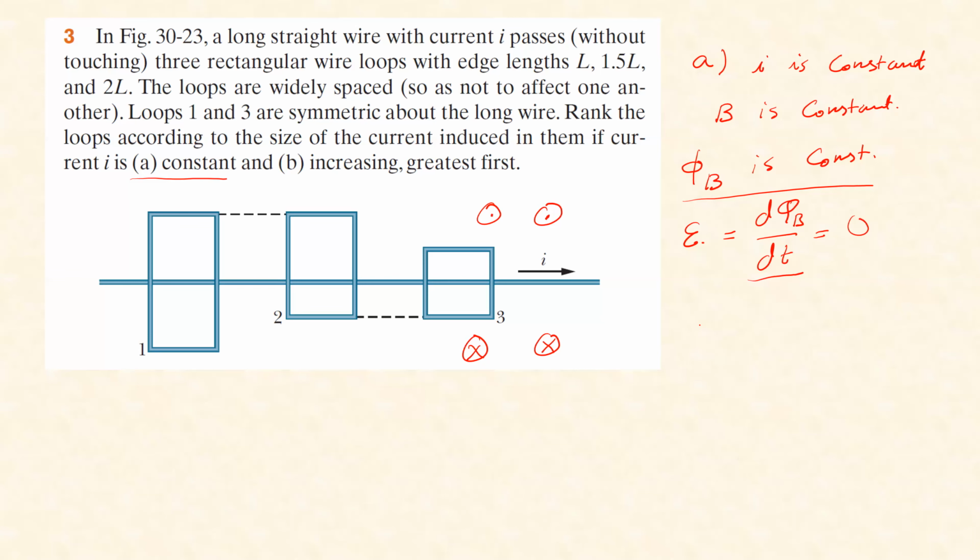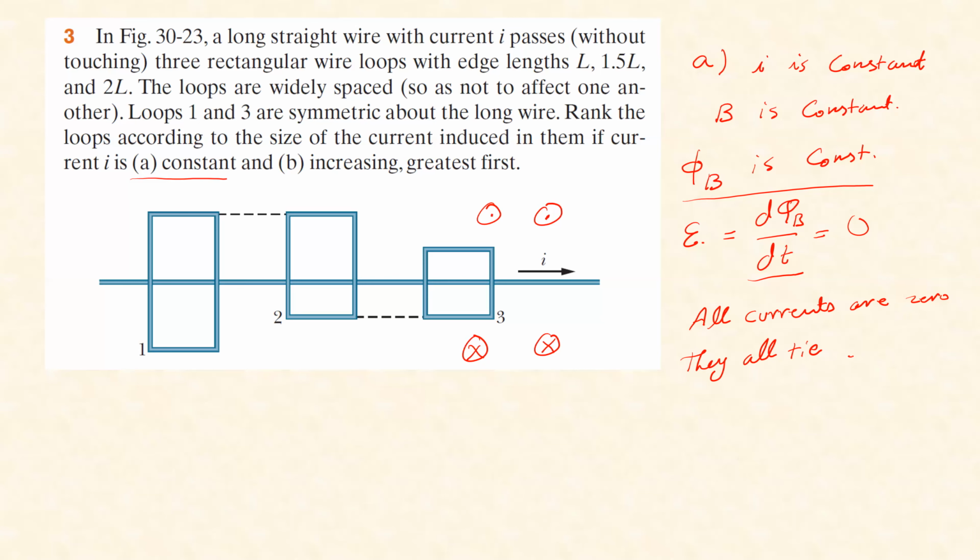So all induced currents are 0. They all tie. That's the ranking for part A.